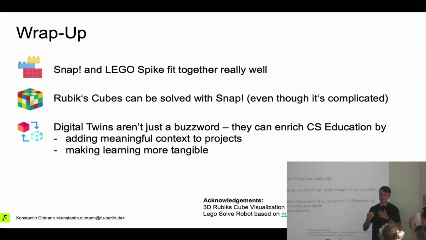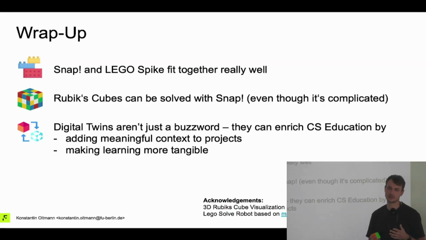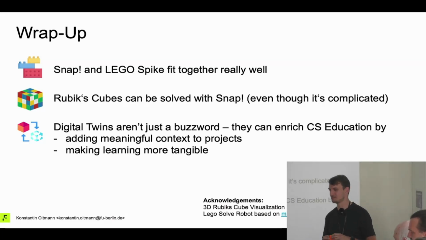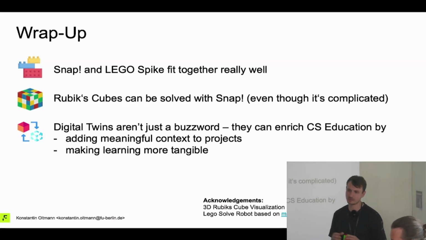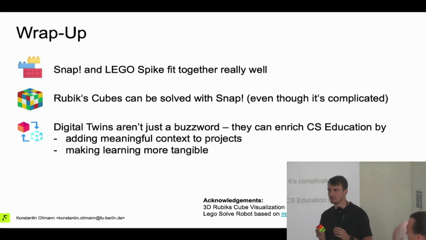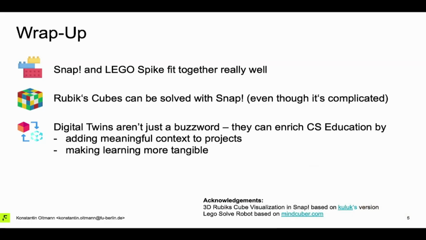So actually you can combine Lego Spike and Snap, and there's a way to communicate. It's not beautiful because we really pipe MicroPython code over the serial interface. It's not so cool. Or you can solve a Rubik's Cube with Snap, which is cool.